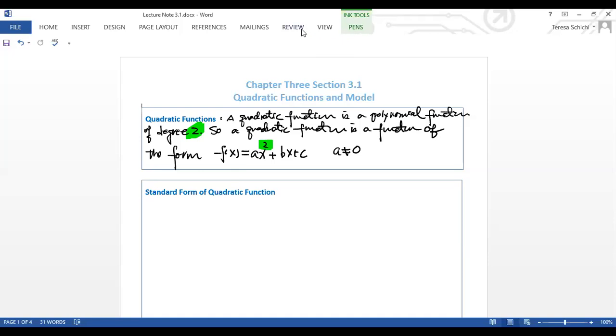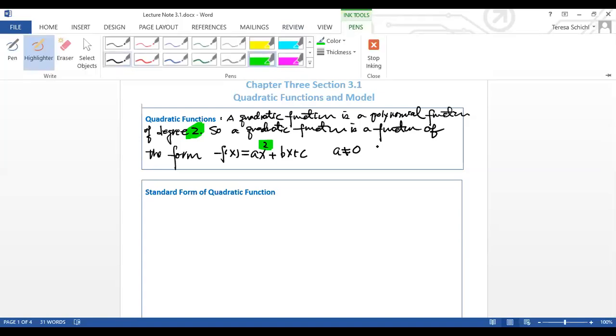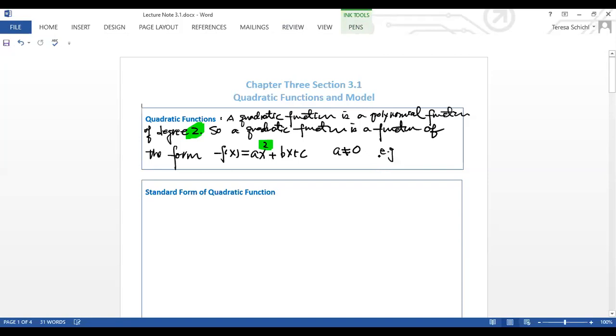For example, if you have a function f of x equals 3x squared plus 3, this is okay. This is a quadratic function. As long as you have this square term, I don't have to have the remaining terms.